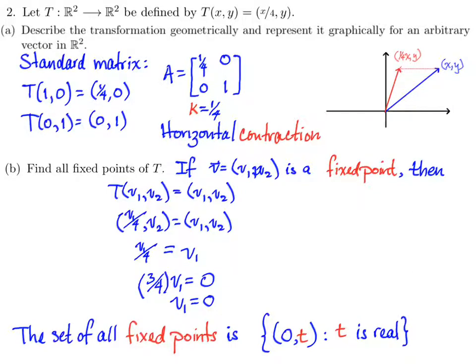So those are all the vectors that lie on the vertical axis. The first component is 0. All right, what does that look like? There it is. T of 0, t is just going to be 0, t. Because when you multiply the first component, 0, by 1/4, you just get 0.